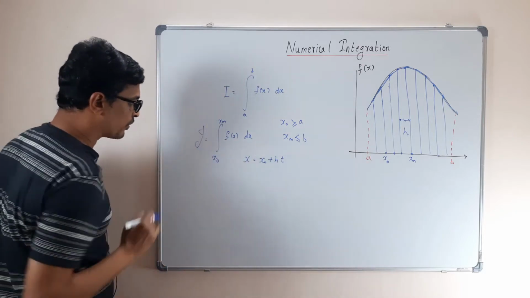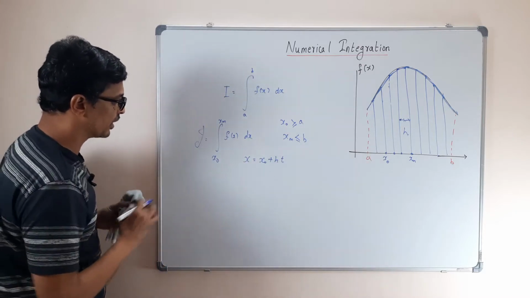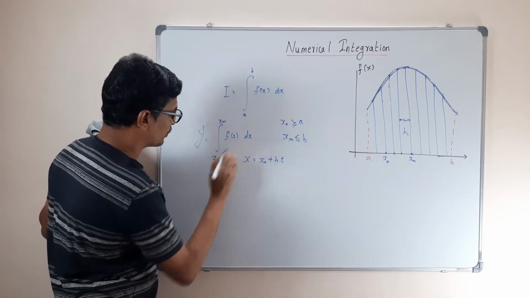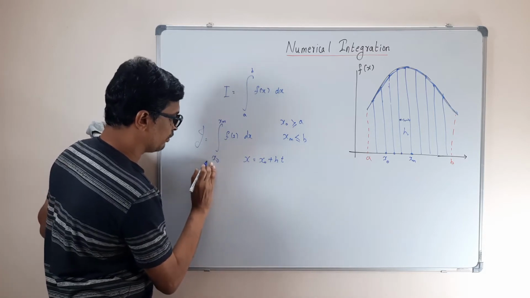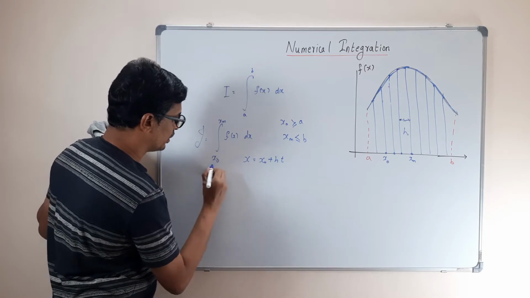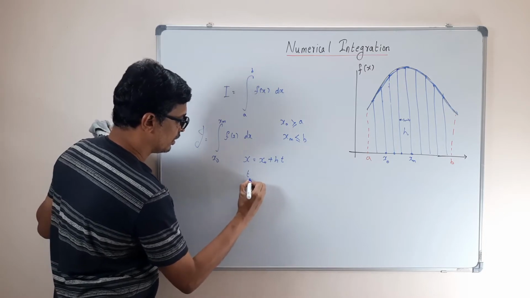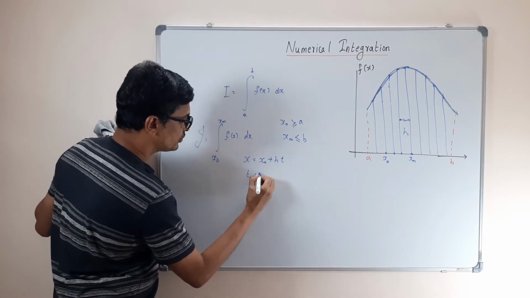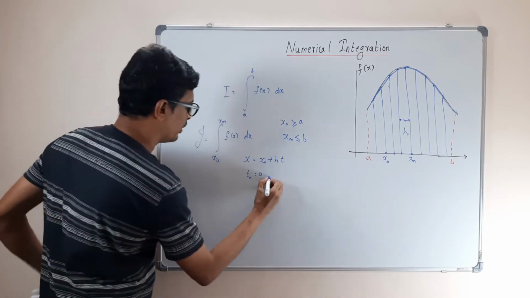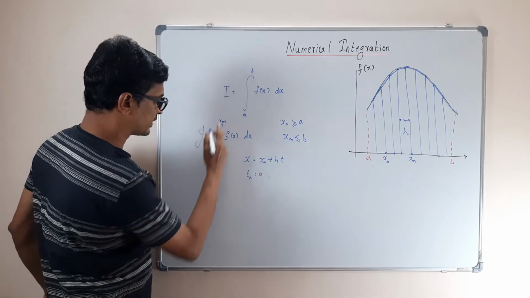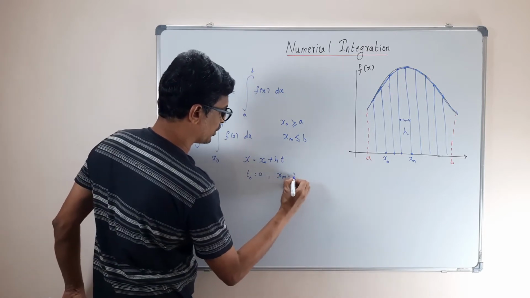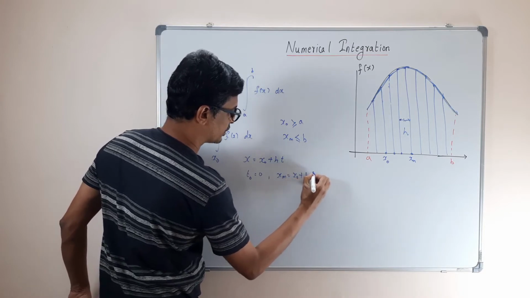So let me do this change of variable here. When x is equal to x0, what will be the limit? t0 will be equal to 0, and when x is equal to x sub m, then x sub m equals x0 plus h times tm.